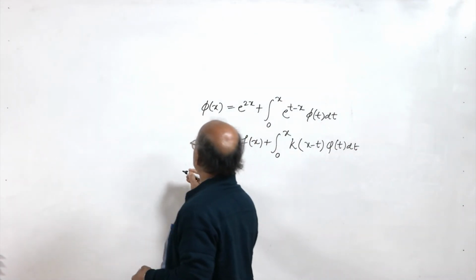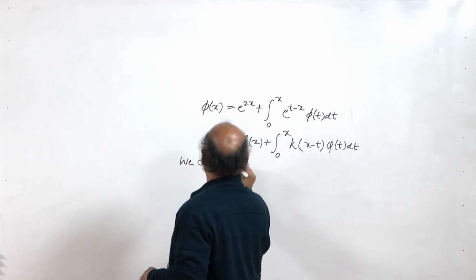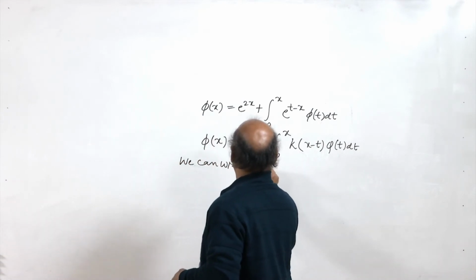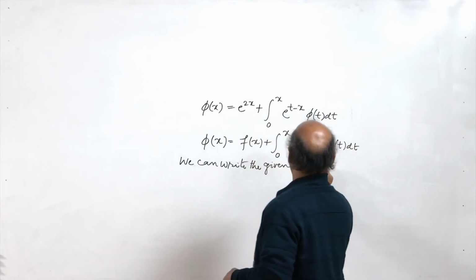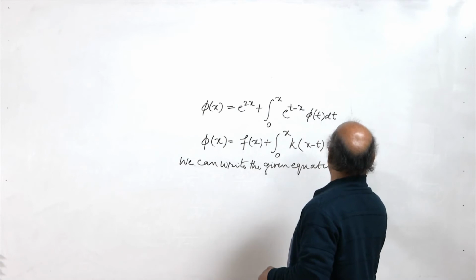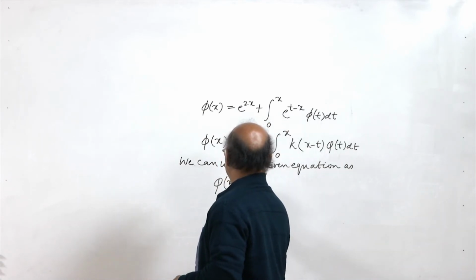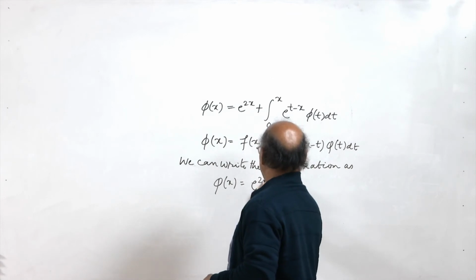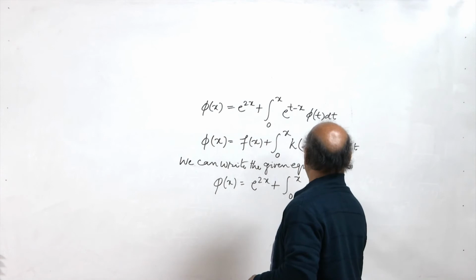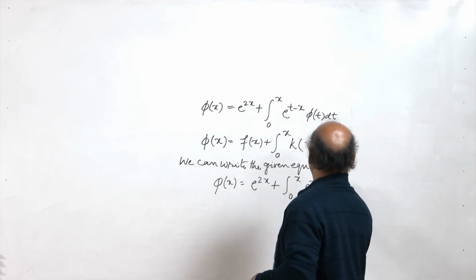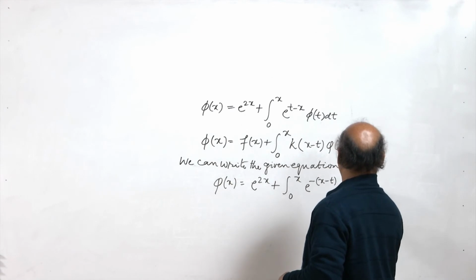So we can write the given equation as phi x equal to e to the power 2x plus integral 0 to x e to the power minus (x minus t) phi t dt.